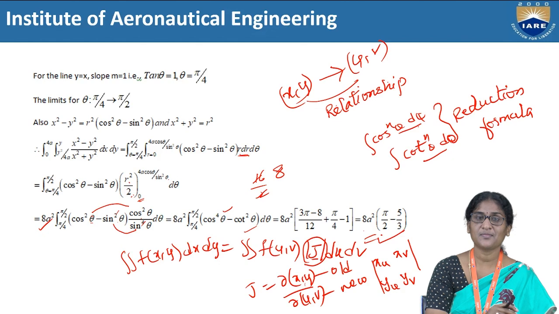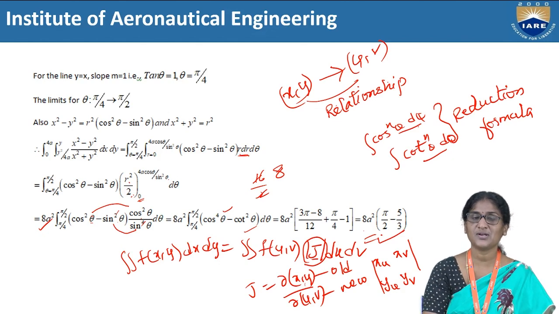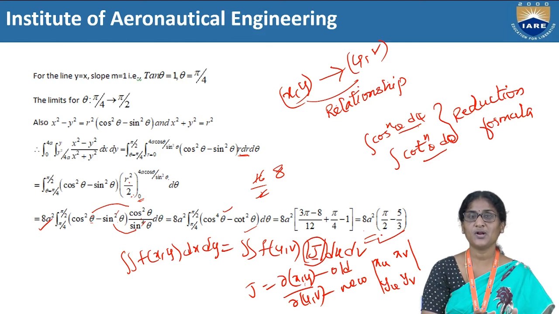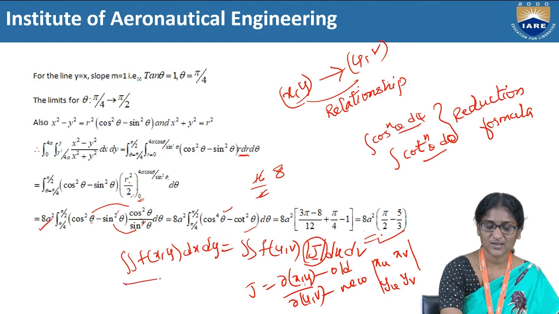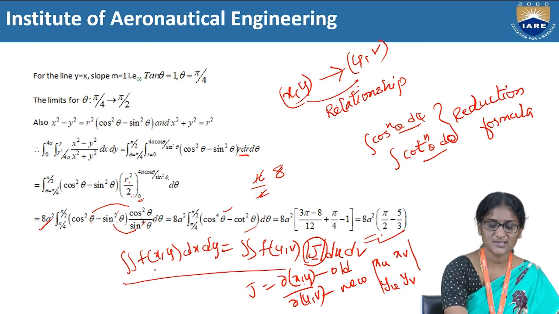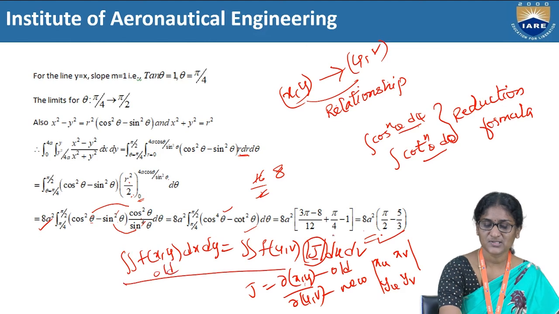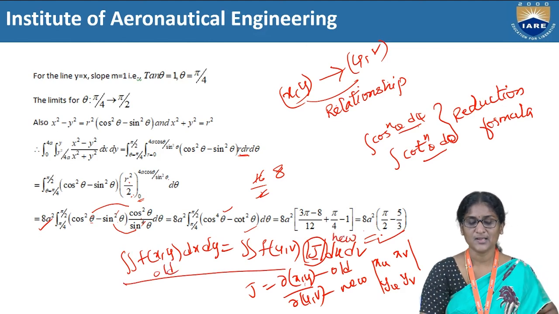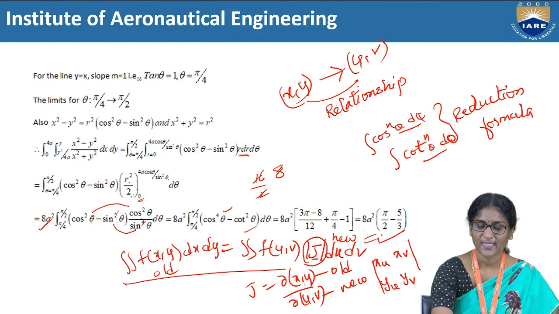So for changing the order, there is no need to give the relationship. But when you change to some other field, you have to know the relationship between the old and the new coordinate system, and this formula is very important. This is the old system, and this is the new system to which you are converting. So the value of J has to be given.